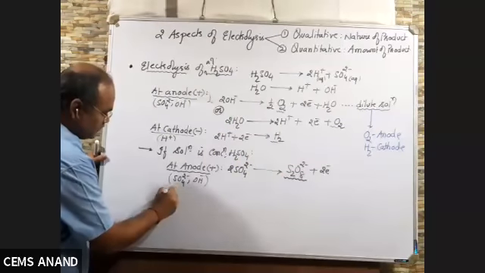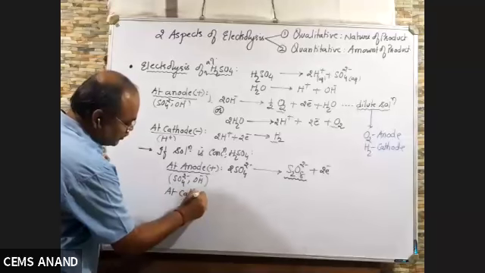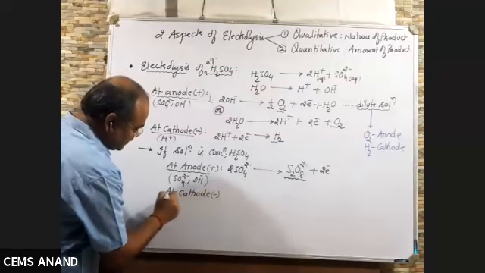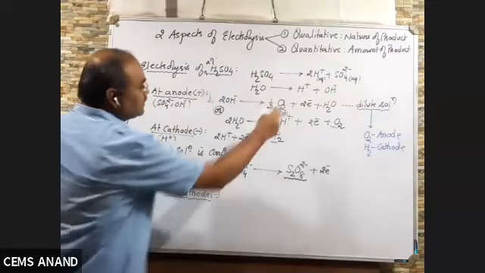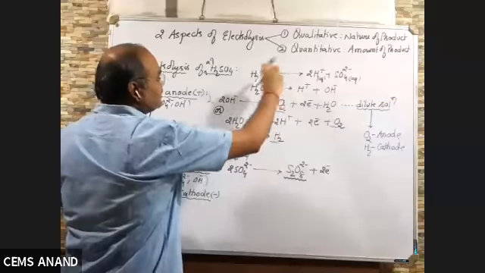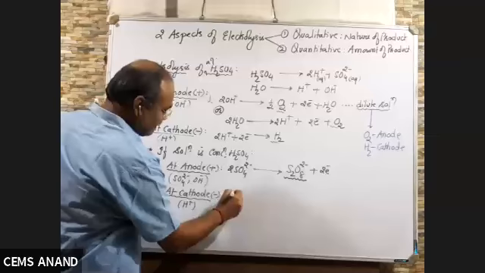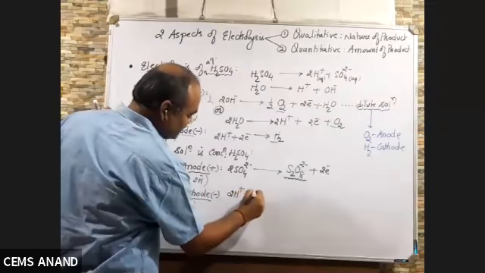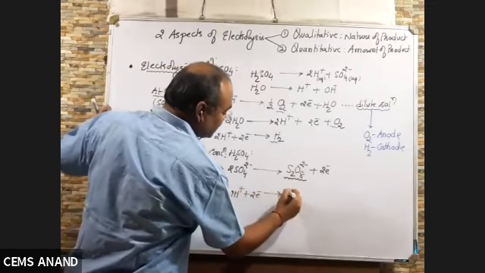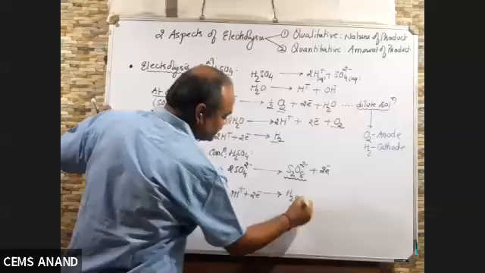And at cathode there is no problem, because at cathode, you can see here, both of them have H plus only. So 2H plus takes 2 electrons and gets deposited as H2 gas.